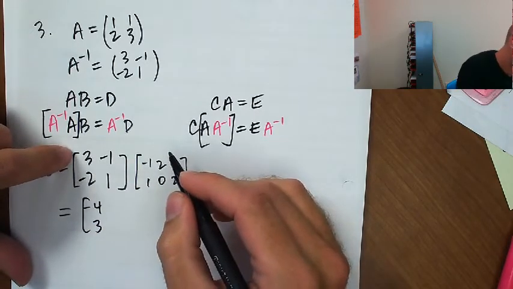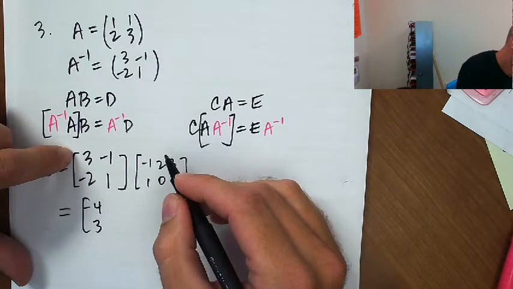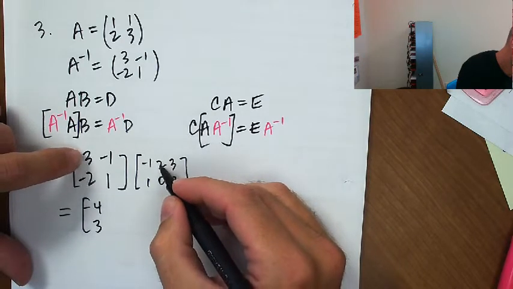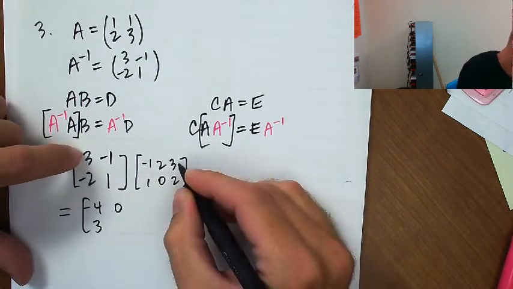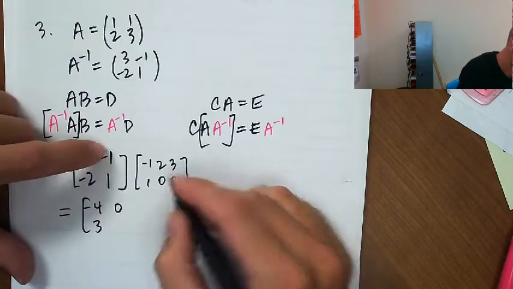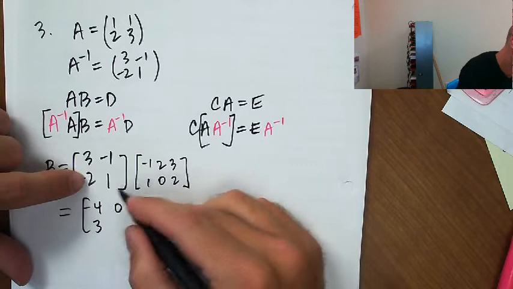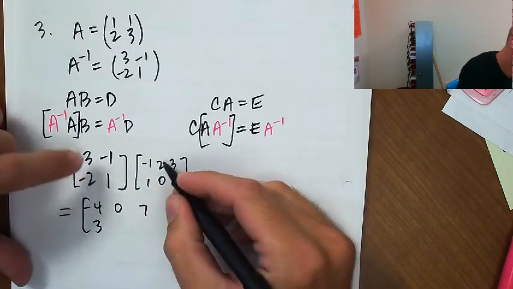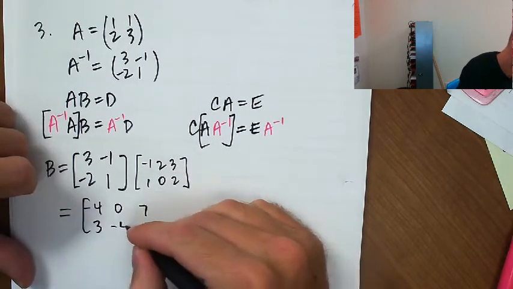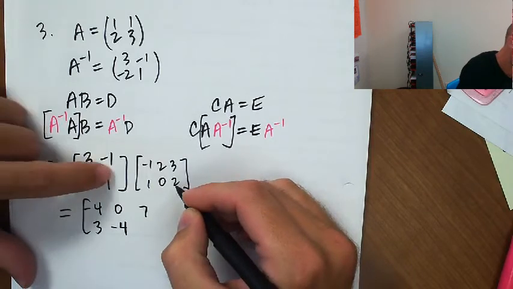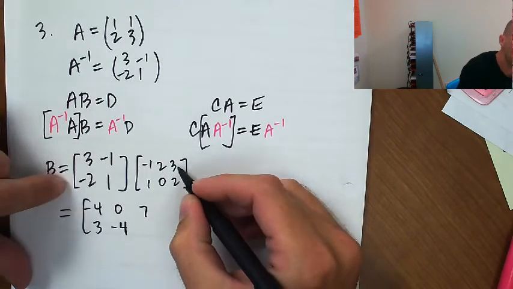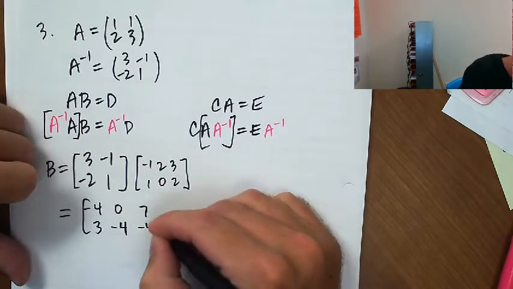All right. 6 plus 0. I guess we'll go to the right again. 9 minus 2. Go down. So I need second row, second column. Negative 4 plus 0. Negative 6 plus 2. Negative 6 plus 2 is negative 4.